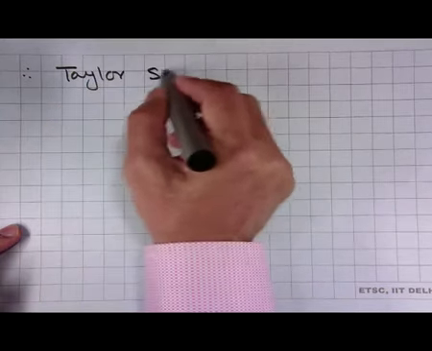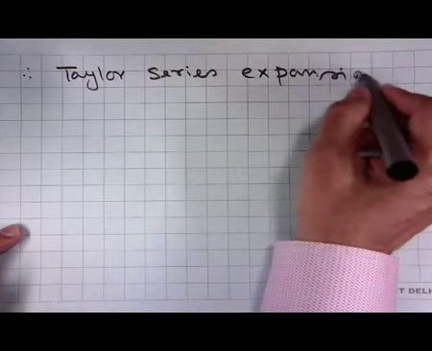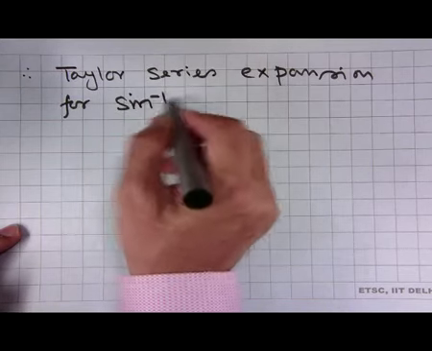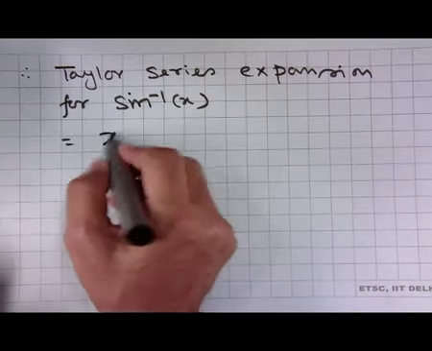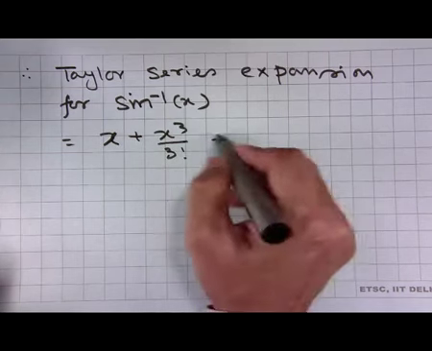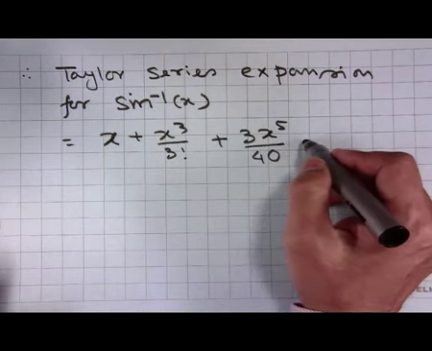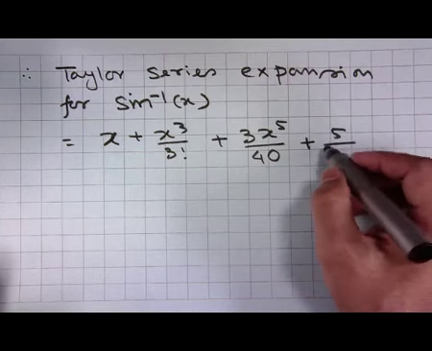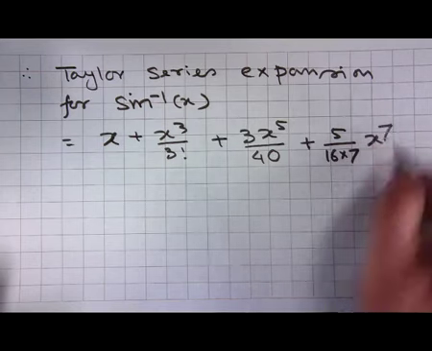the Taylor series expansion for sin inverse x is x plus x cube by factorial 3 plus 3 x to the power 5 upon 40 plus 5 upon 16 into 7 x to the power 7.